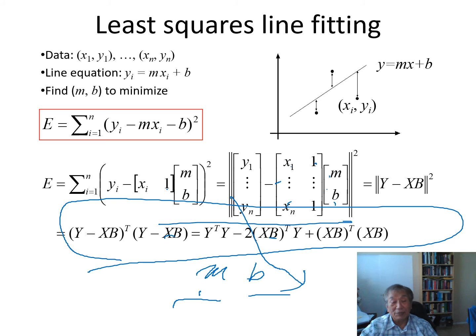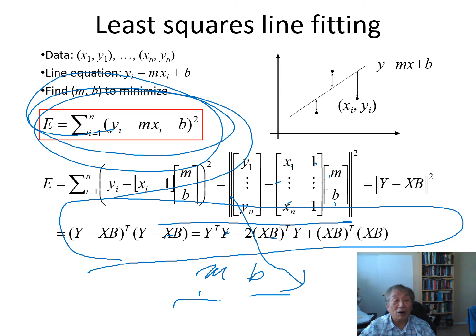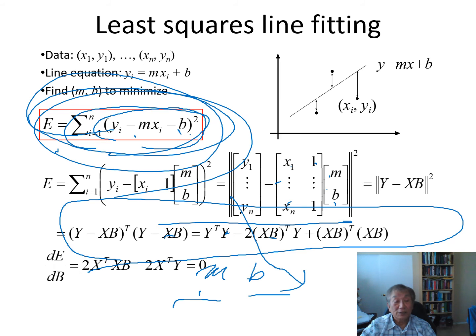So you calculate m and b based on the minimum of these differences. Find the m and the b in such a way that this whole summed quantity is minimum. That's the idea, so you take the first derivatives for that.